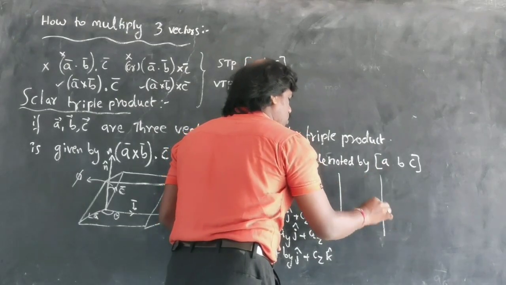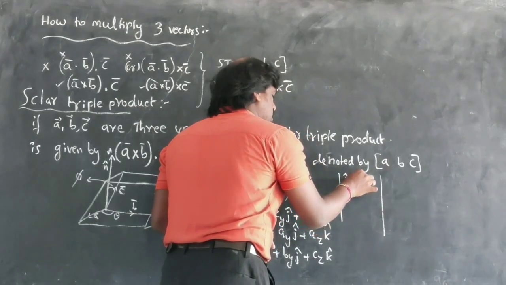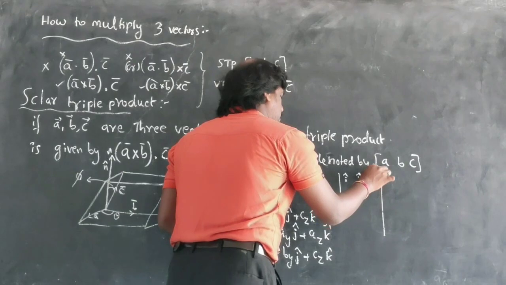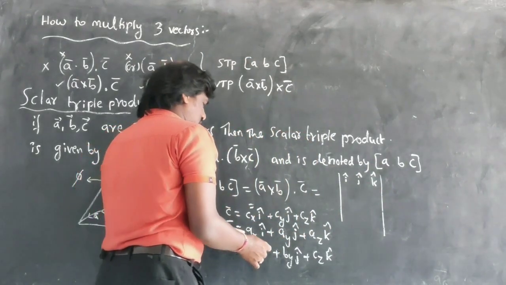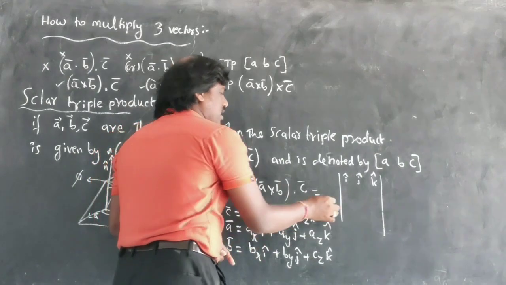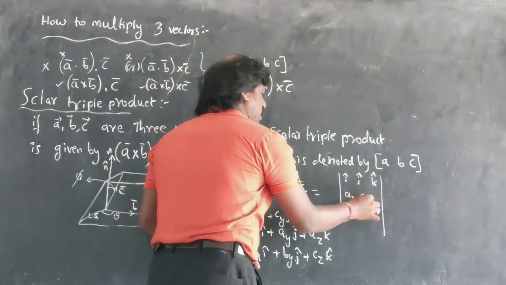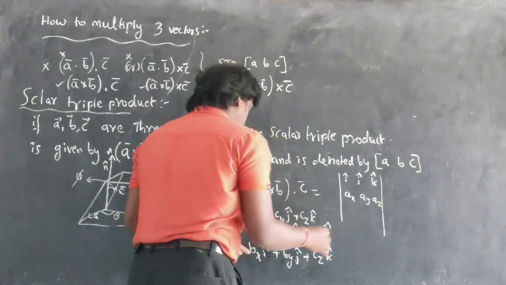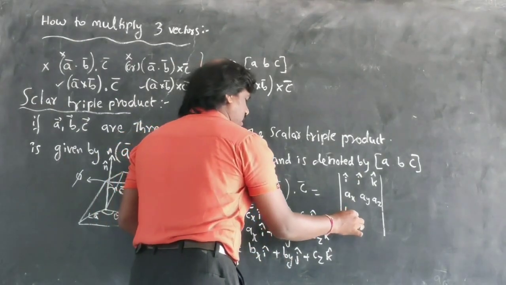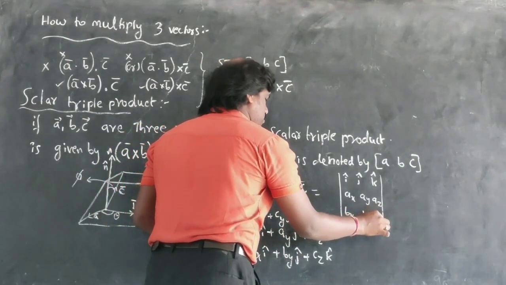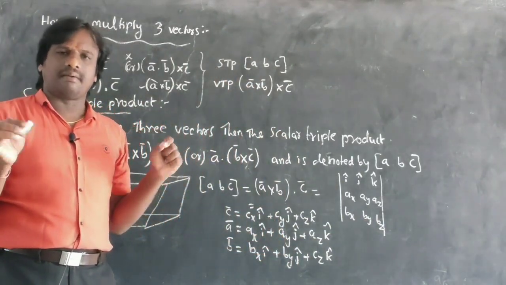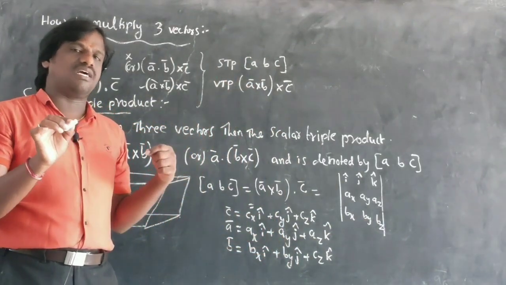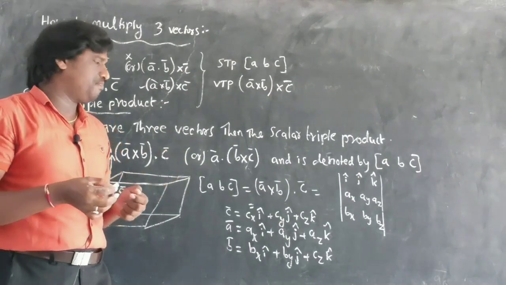We will find using i cap, j cap, k cap. Here the components I am writing are Ax, Ay, Az, and Bx, By, Bz. What I am explaining is not mandatory to remember, but I am deriving how these things happen.